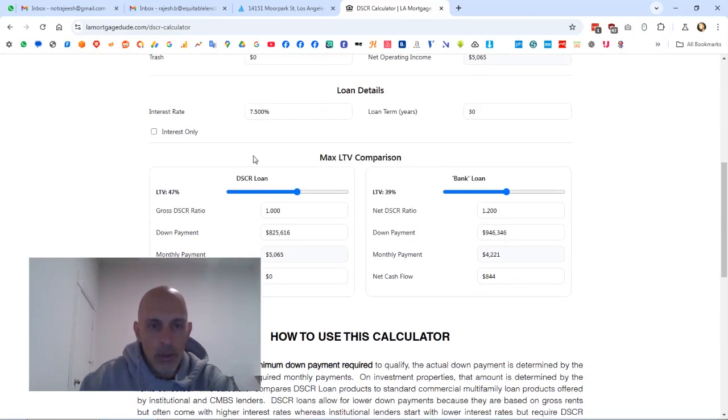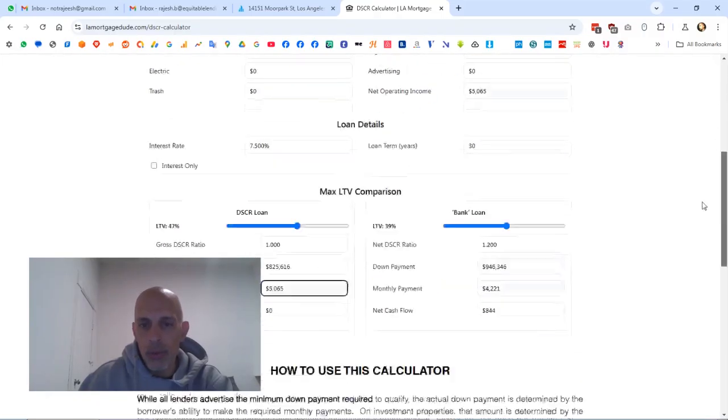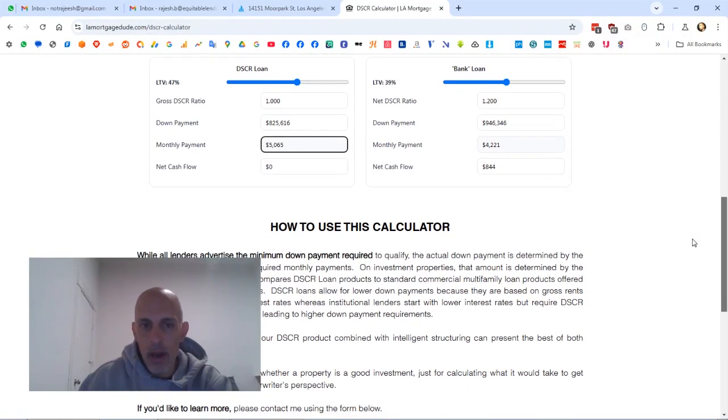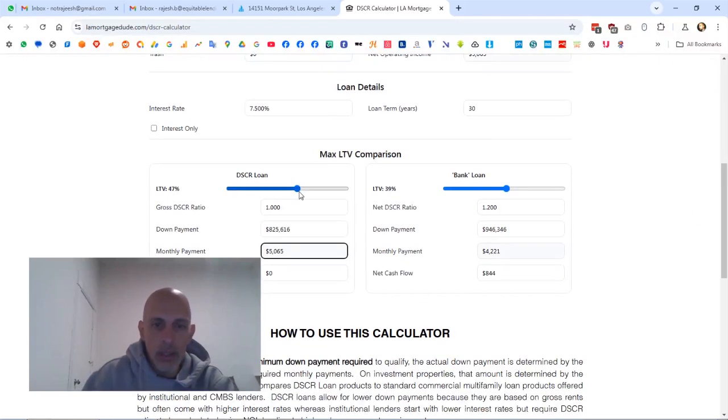So at an interest rate of 7.5%, you got a monthly payment where the monthly payment is equal to the gross rents roughly here.